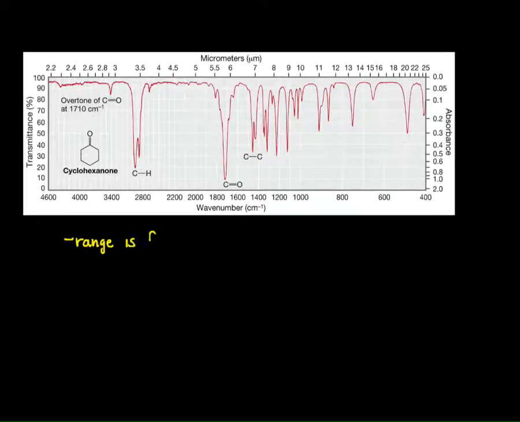Generally speaking, we're looking at a range from about 400 inverse centimeters, or 400 wave numbers, to 4,000 wave numbers. Now in this particular spectrum, it's going out to 4,600, but in general we're looking between 4,000 and 400 inverse centimeters.